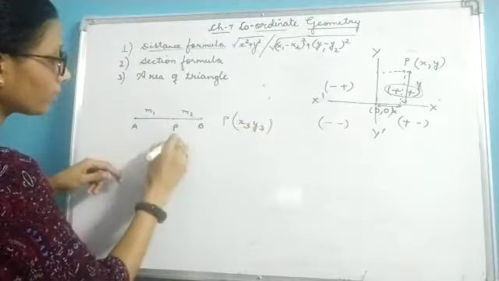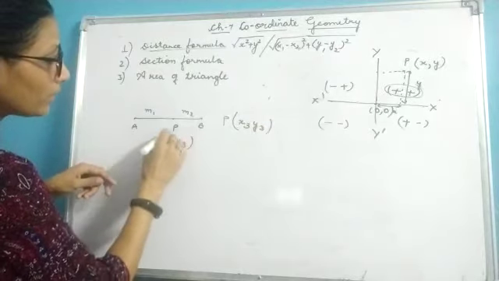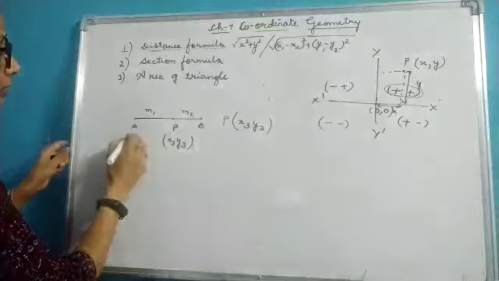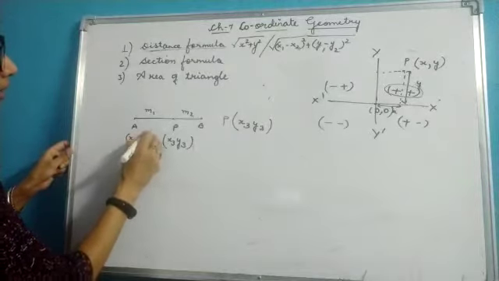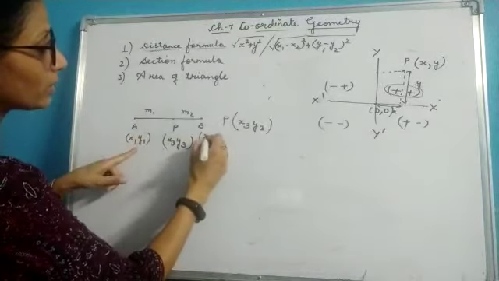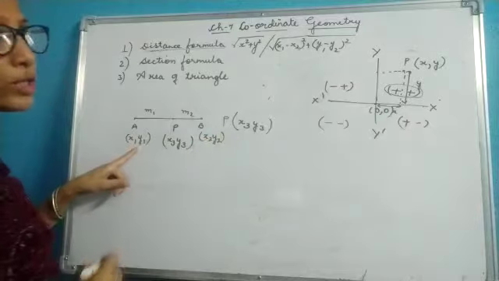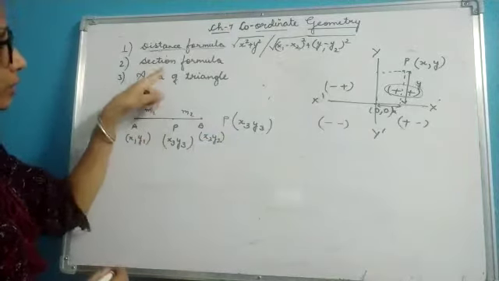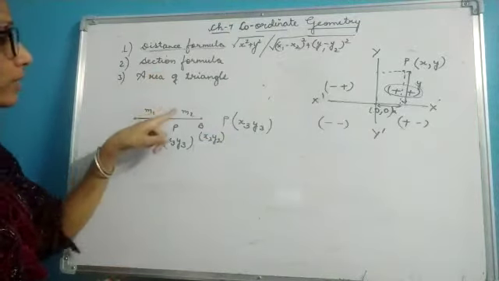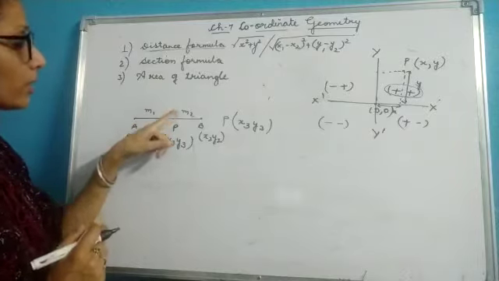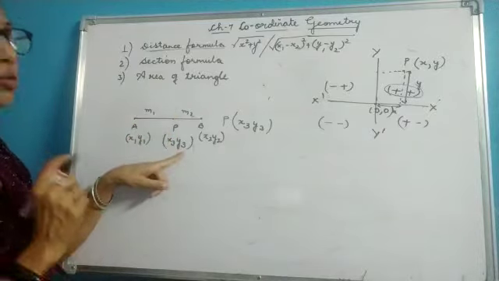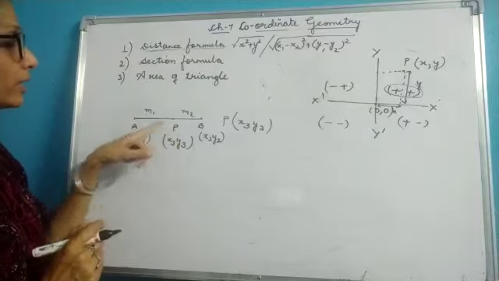If this P has coordinate x3 y3 and say this A has x1 y1 coordinate and this has x2 y2 coordinate, then the section formula is used only when the ratio is given, and if you want to find out the coordinate of the point which is dividing the given line.